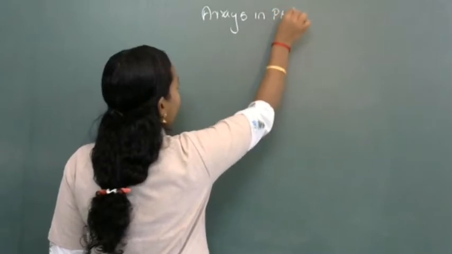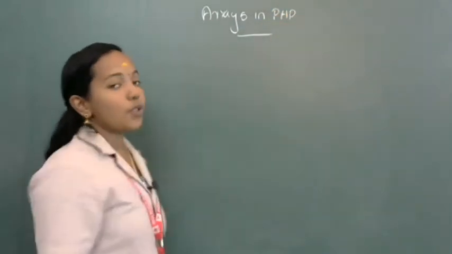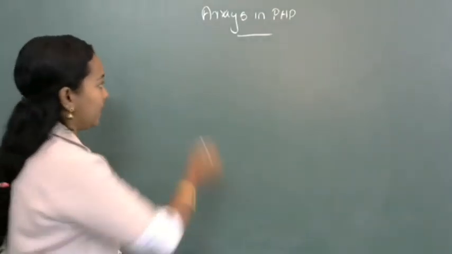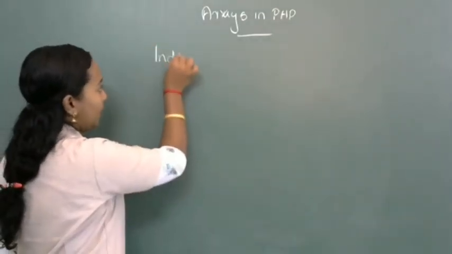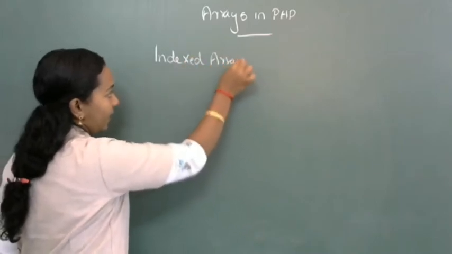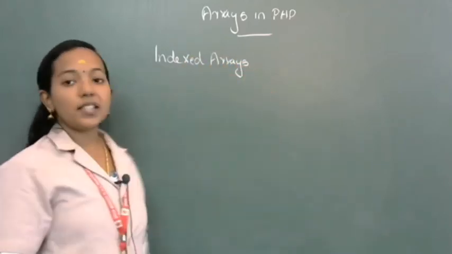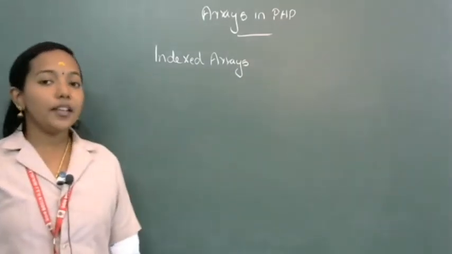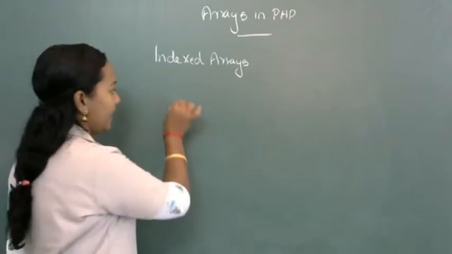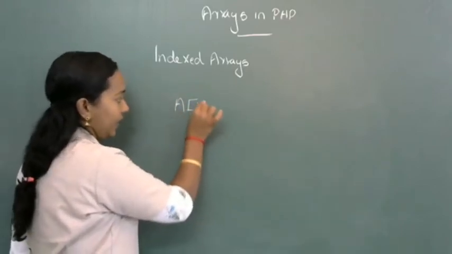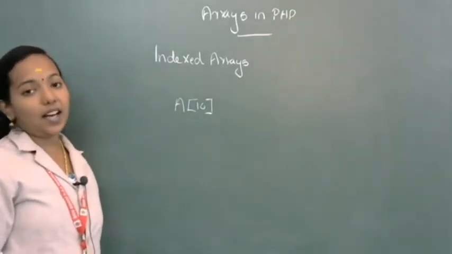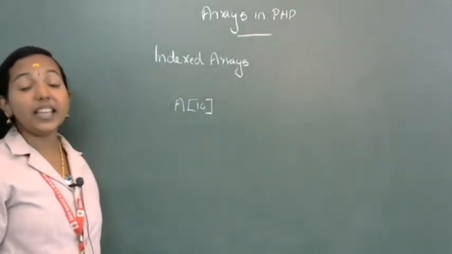The first array type we are going to discuss is the indexed array. You already know that in C++ we declare an array like A of 10, where A is the array name and 10 is the index value.